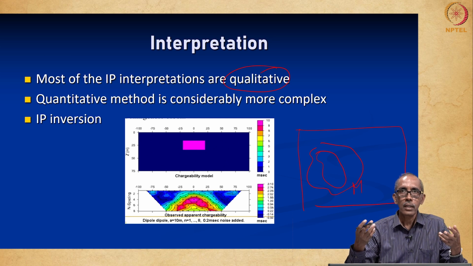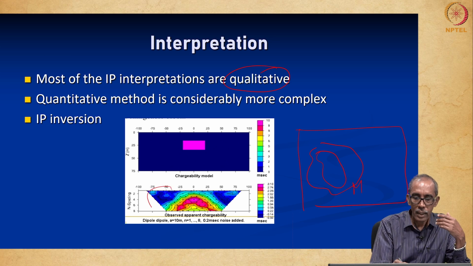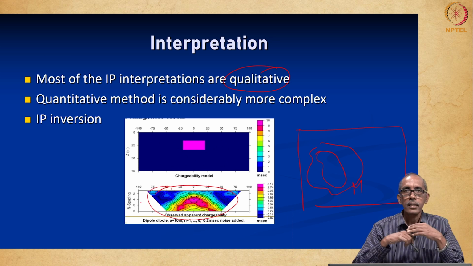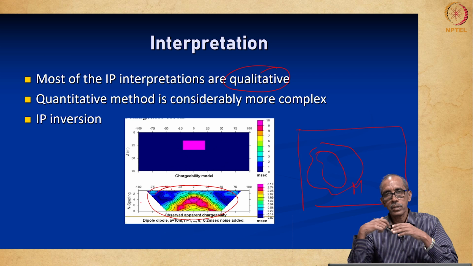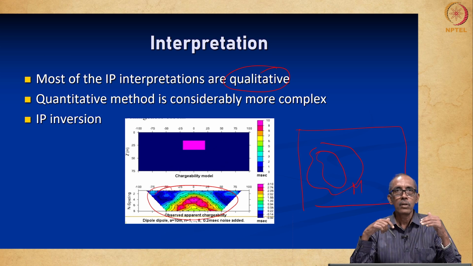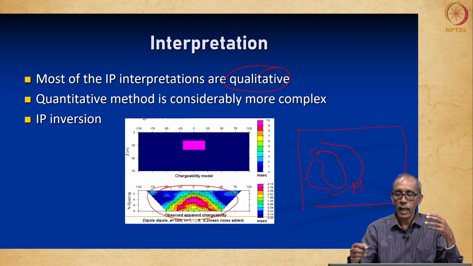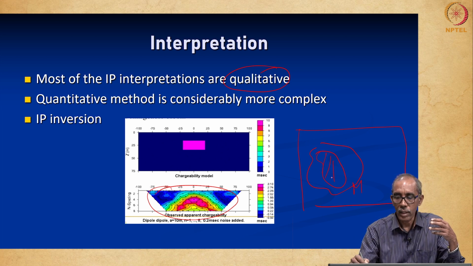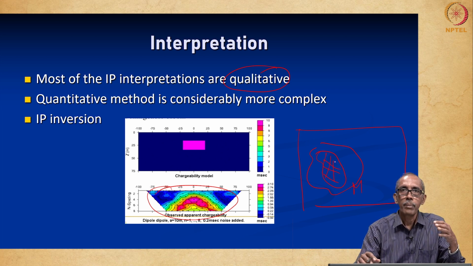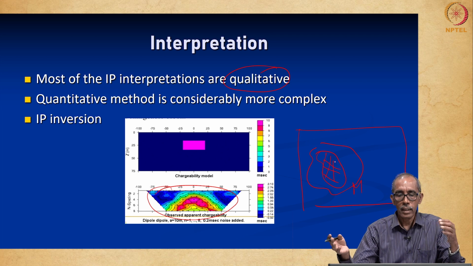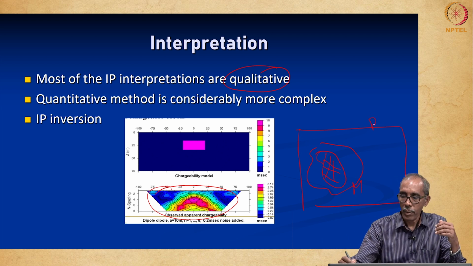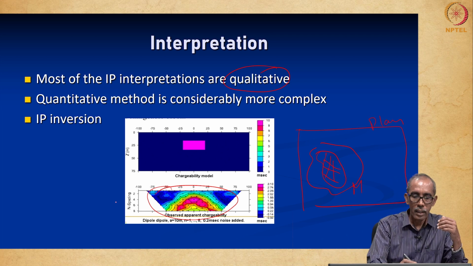Suppose you are using the electrical resistivity imaging system, then we are able to get the chargeability of the subsurface in a cross section, as you see in this diagram. So, we can qualitatively interpret and identify the region which is very much chargeable. This can be differentiated from the other area, in plan, which is a map, or in a cross section.